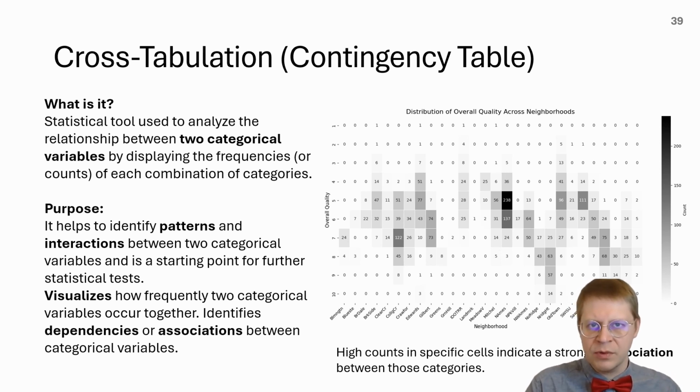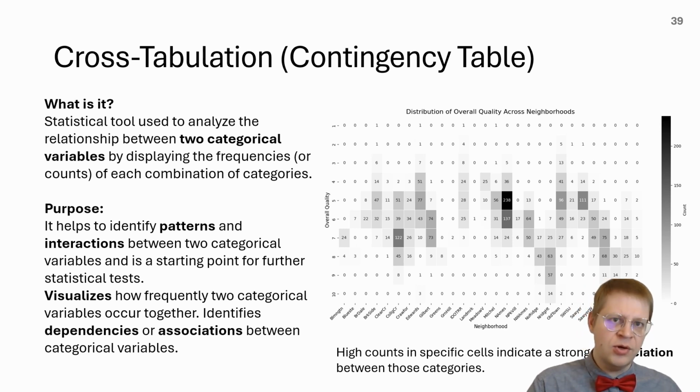Cross-tabulation or contingency tables are great tools when you want to analyze the relationship between two categorical variables. These tables display the frequency counts for each combination of the categories, enabling you to see patterns of association or dependency.